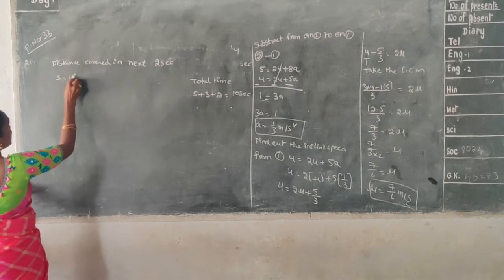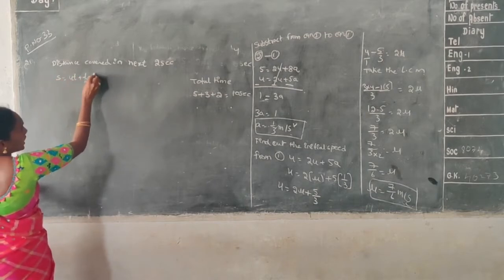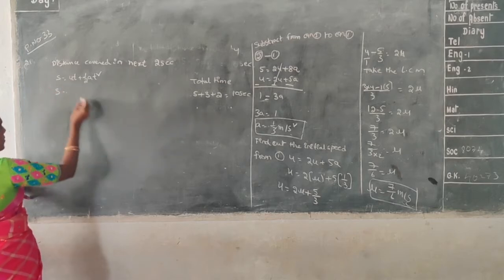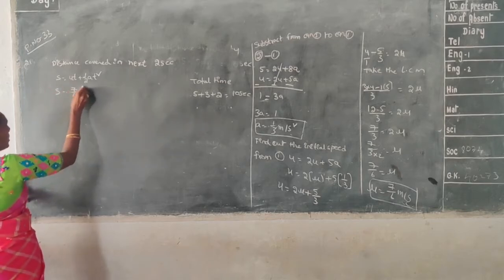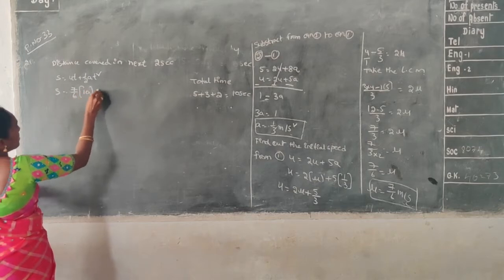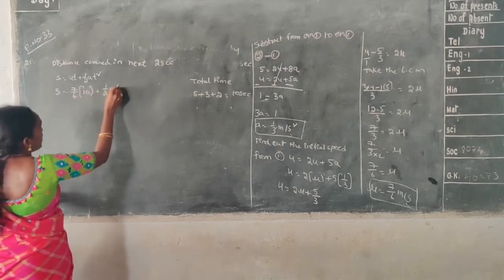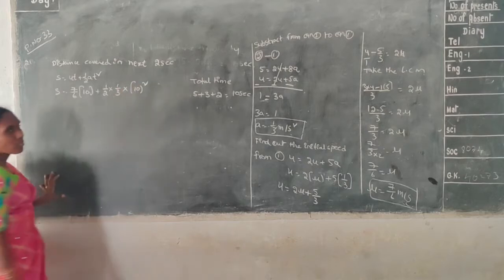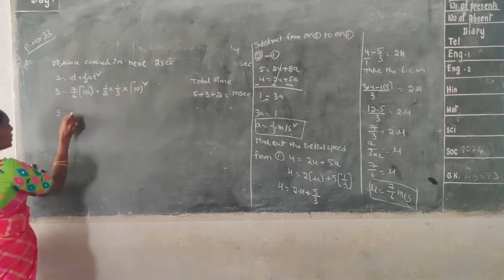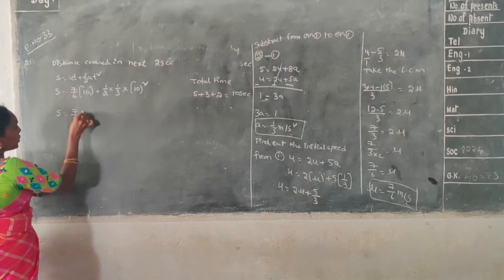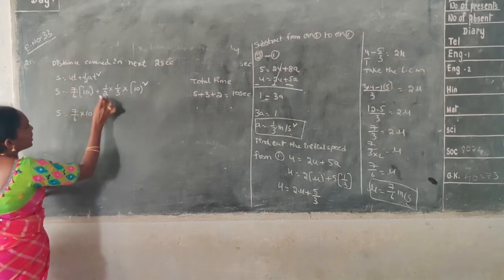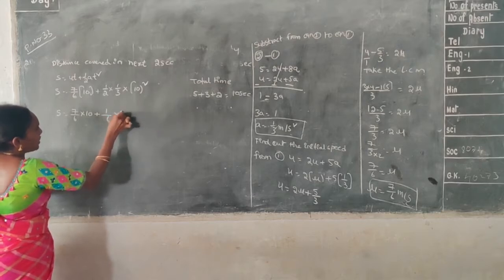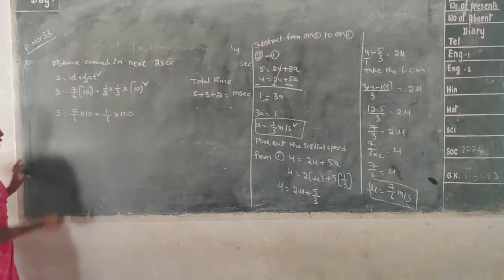Here s is equal to ut plus half at square. Here s is equal to u, 7 by 6 initial speed, into time 10, plus half into a, which is 1 by 3, into t square, which is 10 whole square. Here s is equal to 7 by 6 into 10 plus 1 by 6 into 10 square, which is 100.